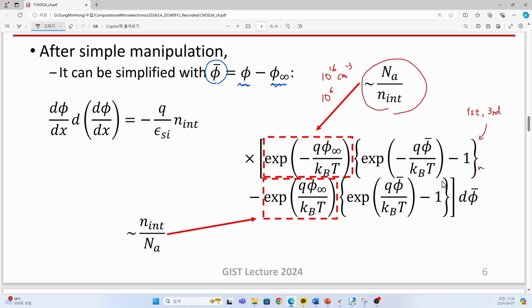Anyway, what we are doing is just starting from the Poisson equation and multiplying by a certain quantity. After that, it is just manipulation. Nothing has changed from the multiplication.